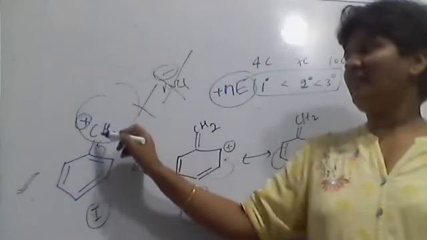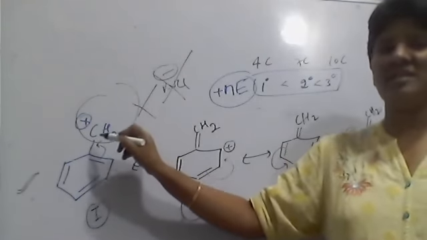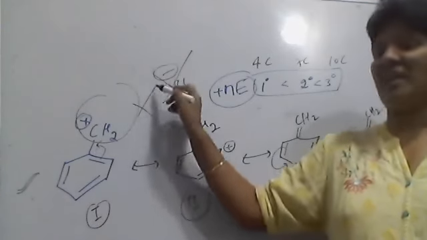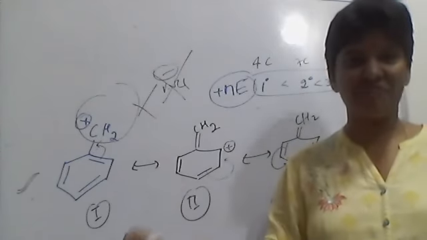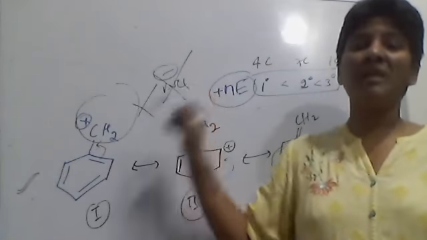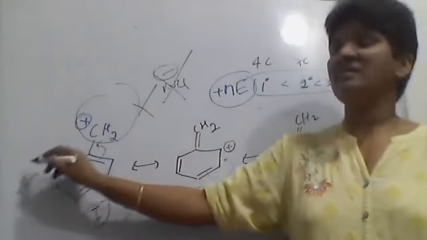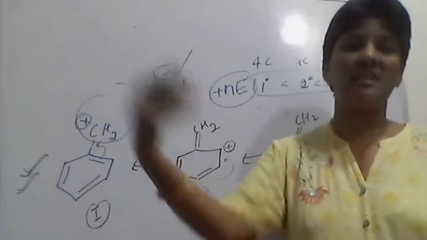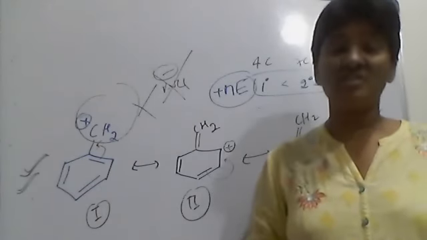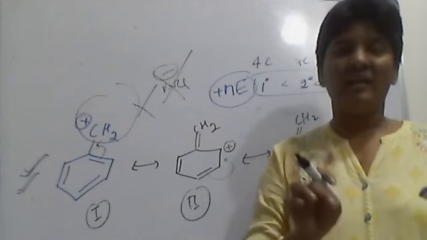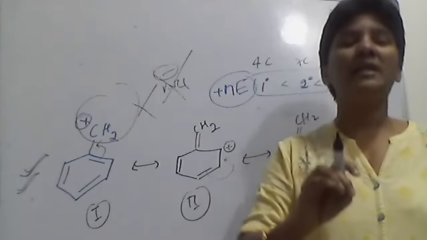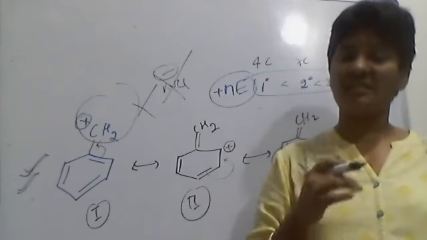Until the charge comes back to this CH2 plus, the nucleophile has to wait. Means its time of living is increased. So the benzyl is not short-lived. Though it is charged and short-lived, its stability is increased.